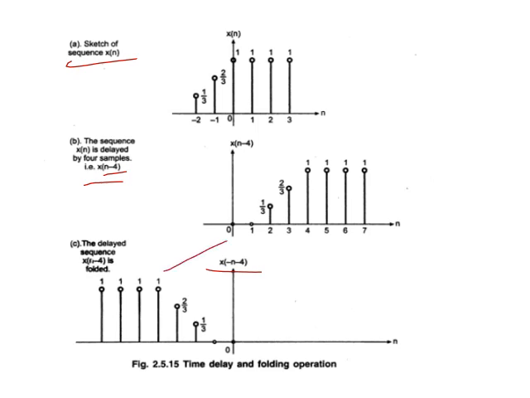See, what is folding? Just exchange of amplitude between equal and opposite n. So here in the original signal the value of amplitude was 1 by 3 at 2, but in this resultant signal at minus 2 the value of amplitude is 1 by 3. So this is simply the exchange of amplitude. So for this, what I will do, x of minus n minus 4.